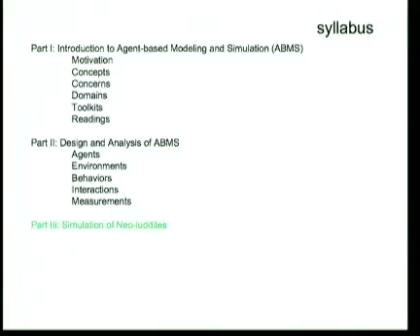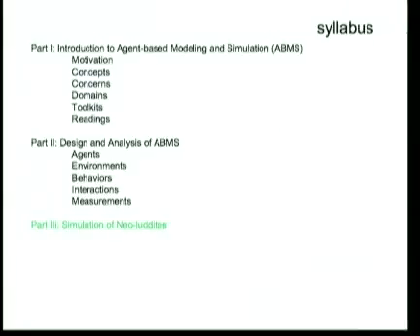This is a brief overview of some of the issues of design and analysis of agent-based modeling systems. In the next part, Shannon Spires is going to introduce you to the simulation of the neo-Luddite world.